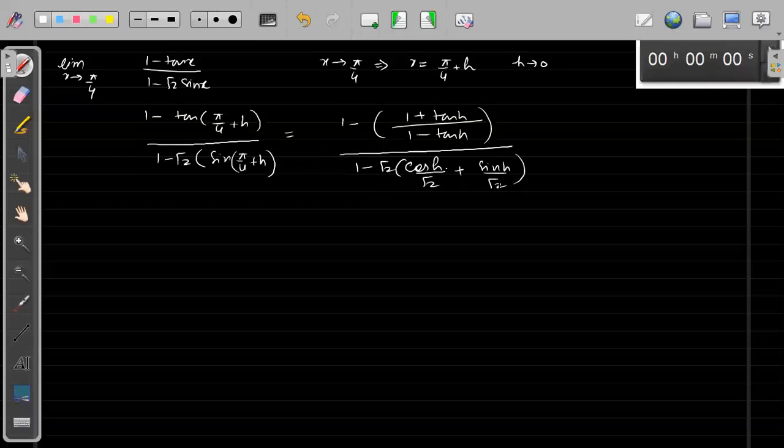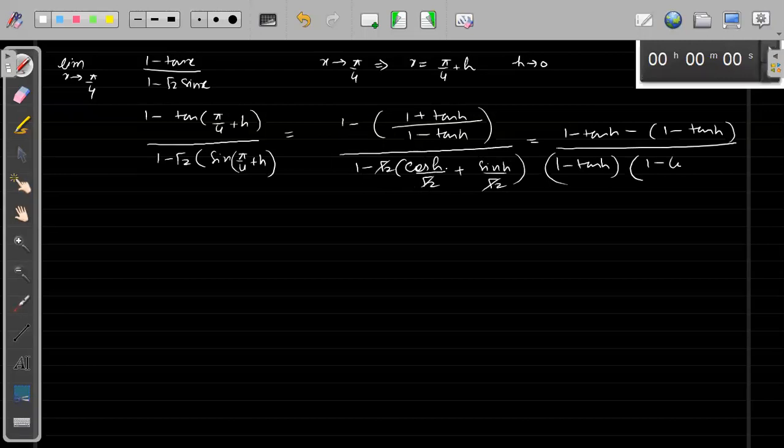So this root 2 and root 2 will get cancelled. So this will become 1 minus cos h minus sine h, right?